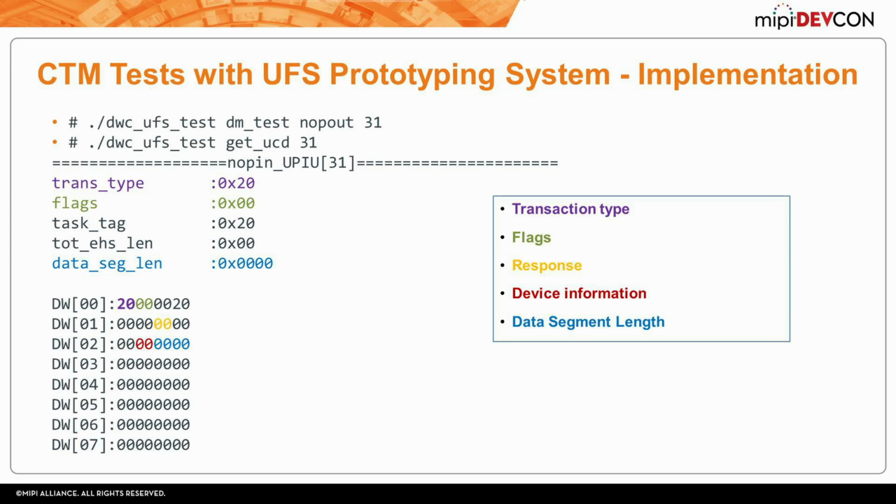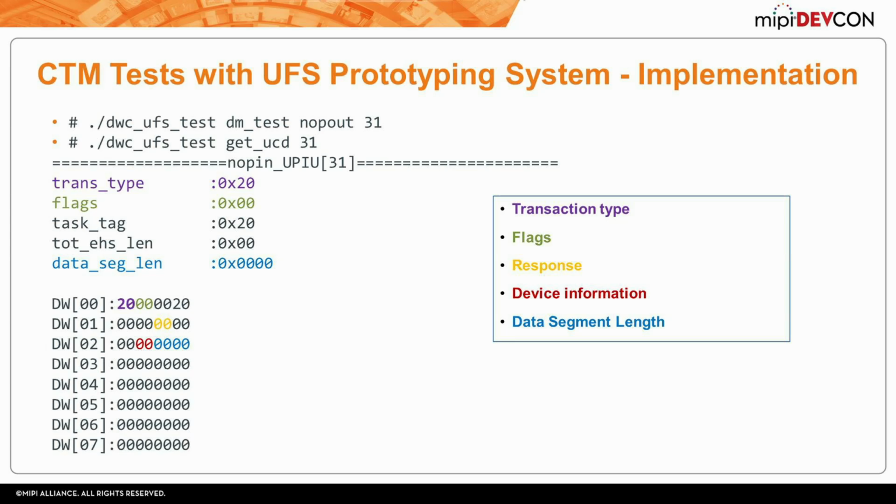So we could analyze the answer, the response of this command. The get UTP command descriptor has a lot of information. I select here the information that we require to see if the test was successful or not. That is the response transaction.